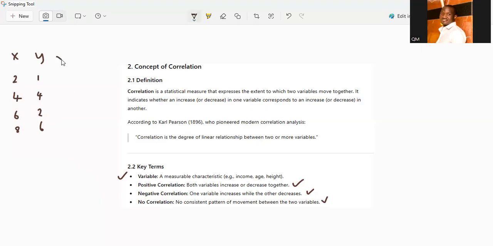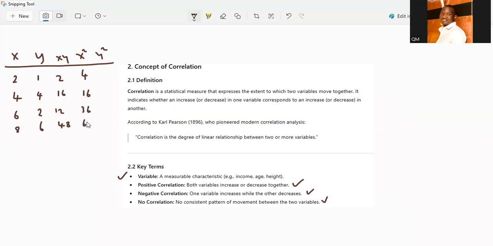Firstly, we need to find our xy, our x squared, and our y squared. For xy here, we're going to have 2, 16, 12, and 48. For x squared, we're squaring the values of x, so 2 times 2 is 4, then 16, 36, and 64.